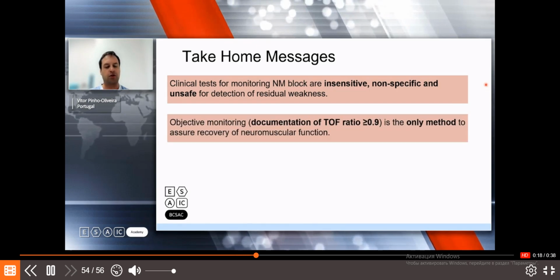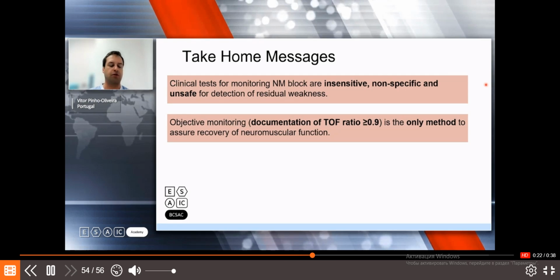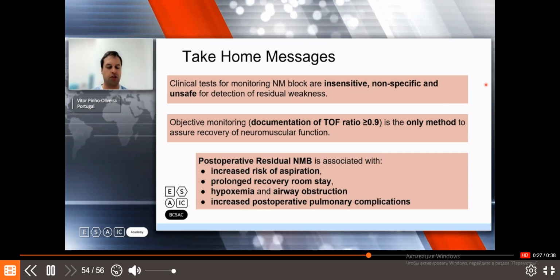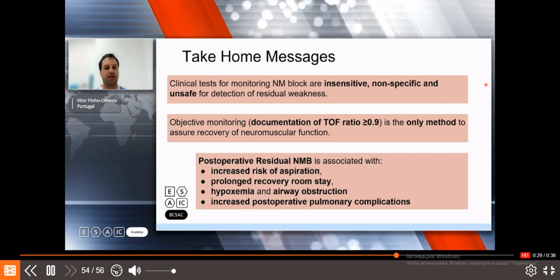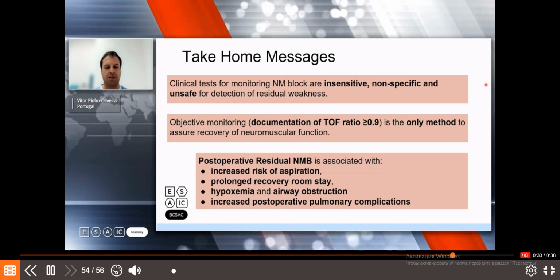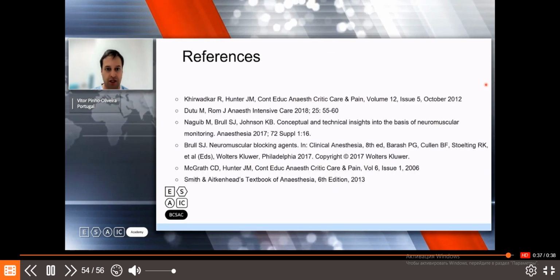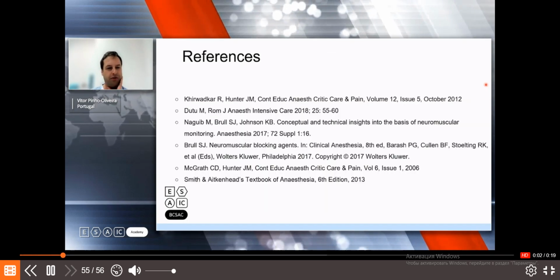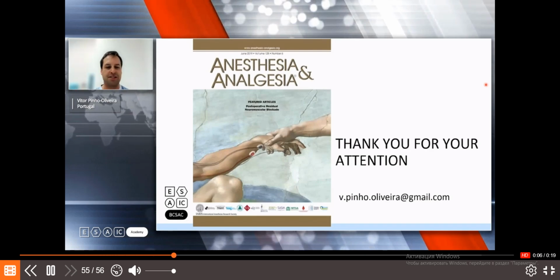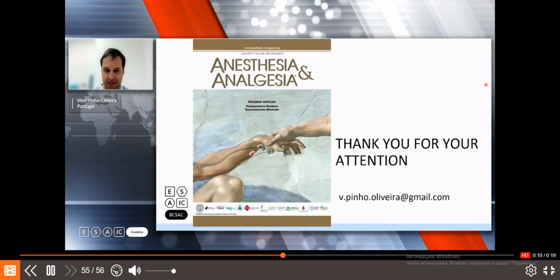Objective monitoring documenting a TOF ratio above 0.9 is the only method to assure recovery of full muscular function, and postoperative residual blockade is associated with increased risk of aspiration, prolonged recovery room stay, hypoxemia, airway obstruction, and increased postoperative pulmonary complications. So these are my references, and this is a very interesting picture applying art with anesthesiology.